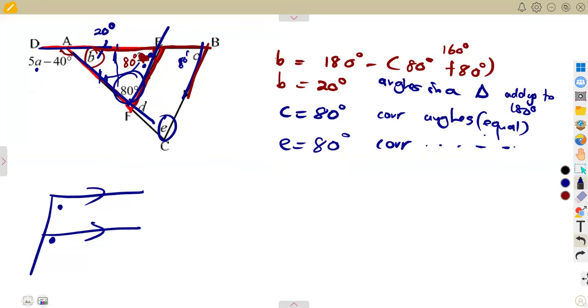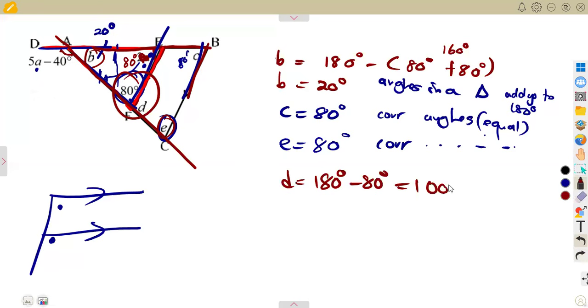All right, what about angle D? From angle E, we can calculate this angle D, using co-interior angles, or you can calculate this from ABF. Angles on a straight line add up to 180 degrees. So angle D is going to be 180 minus 80 degrees, which is 100 degrees.